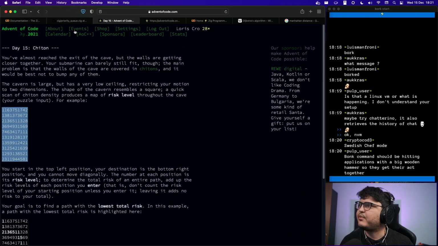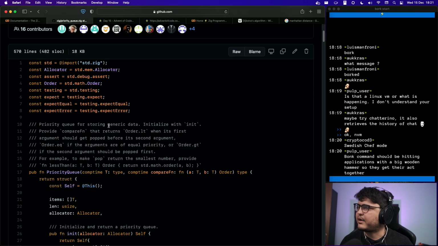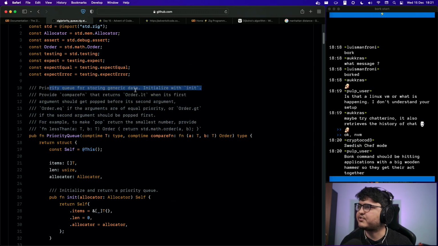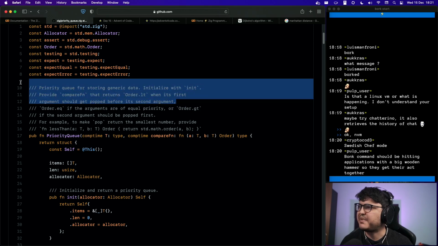So I was looking at my priority queue. So we do have a priority queue, so I think we should try to use it. Priority queue for storing generic data, initialized with init, provide compare function that returns order.lt when the first argument should be popped before its second argument. So this is a min queue.